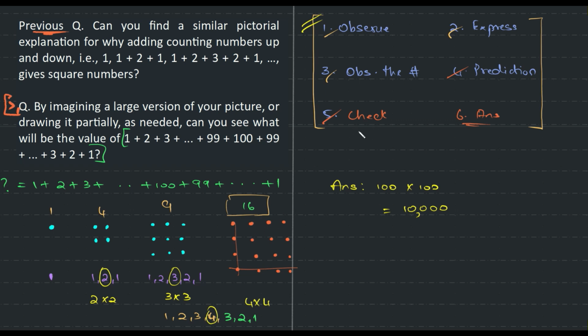Right? Check is nothing but verification. And once I understood that, I have things in hand, I can verify one more time. You guys can do that. The next will be 25, because it's very simple to verify a 5 by 5 set, right? Than 100 by 100. It's not practical.